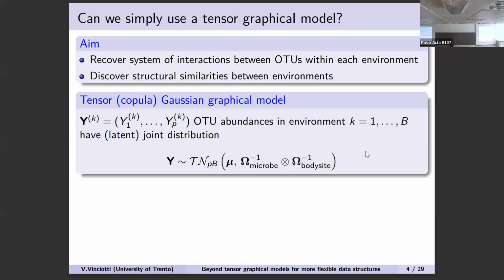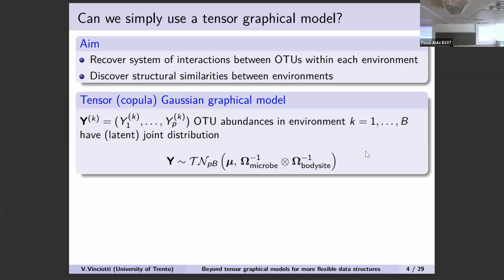So just also to define the notation, yk is this p-dimensional vector. P is the number of OTUs, the number of microbes. K is the condition, for us, the body site. So this yk is our random vector. We stack them all together, so we have a P times B vector, and we could assume, put in brackets, a copula, in the sense that the data are not Gaussian.